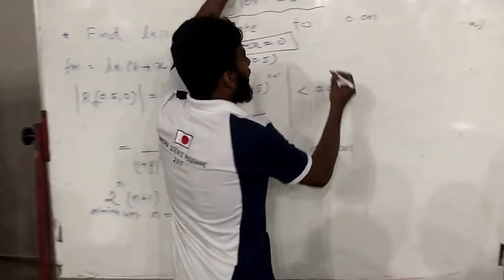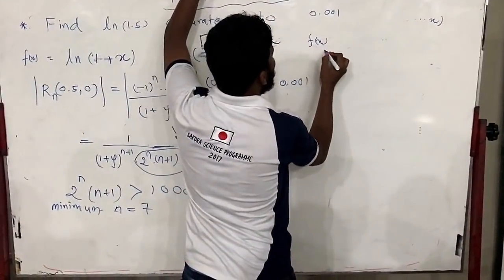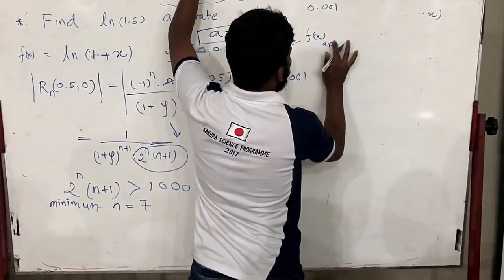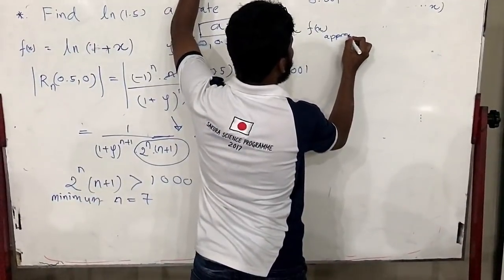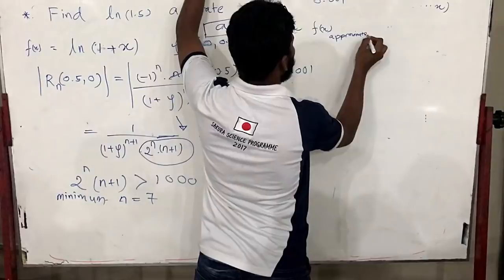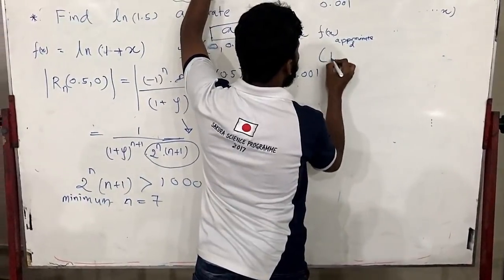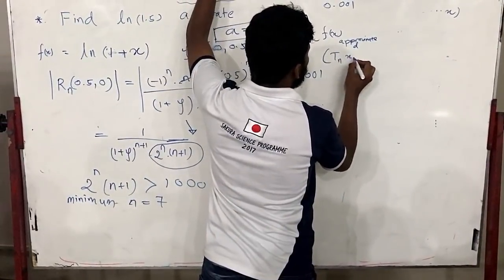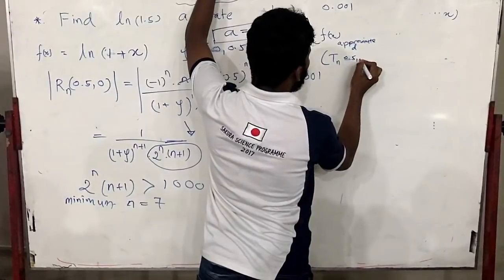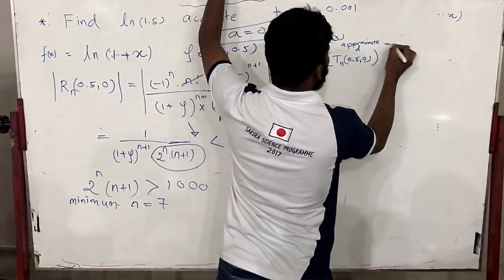Let's see. So f(x) approximated will be T_n(x) at 0.5, centered at 0. That is what we need.